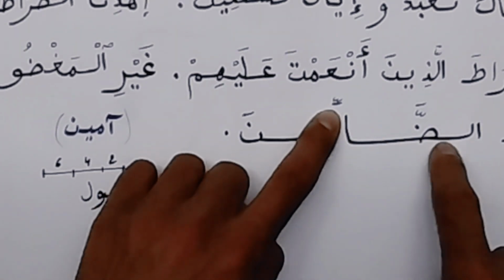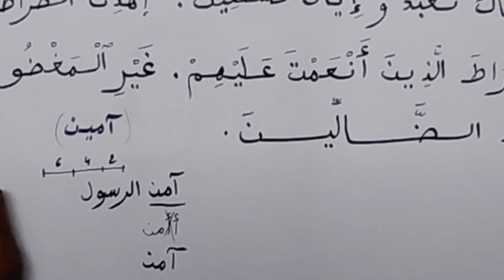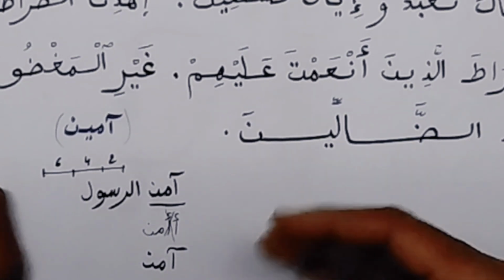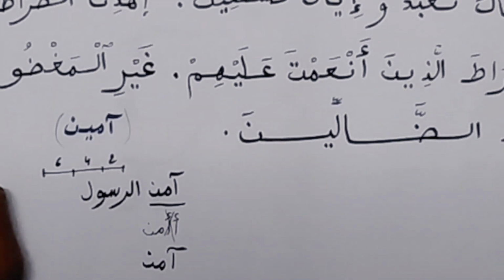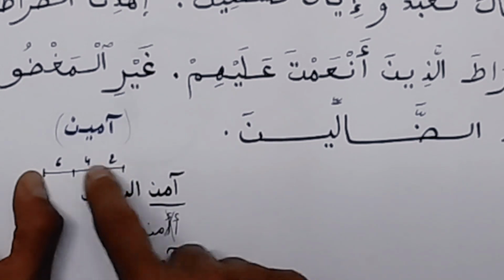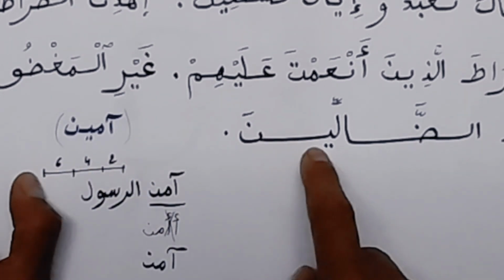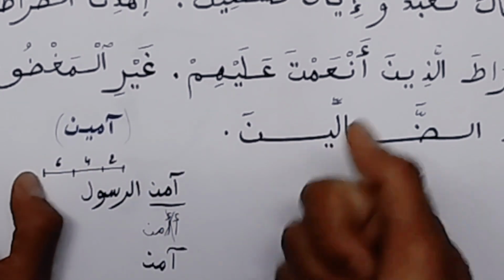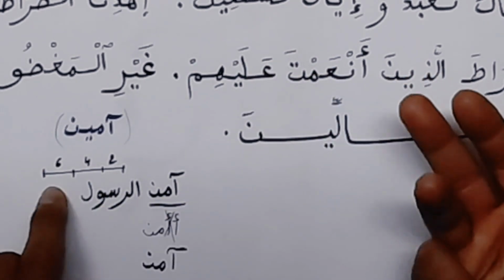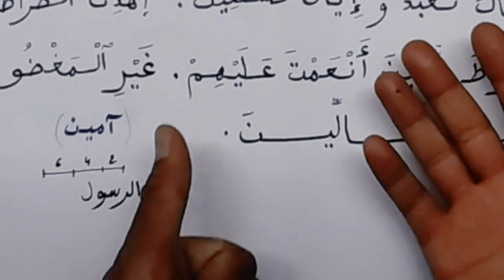This is called المد اللازم الكلمي المثقل. And here we have المد العارض للسكون. Of course I will teach you this in detail later inshallah. So here you can do 2 or 4 or 6 as you like.